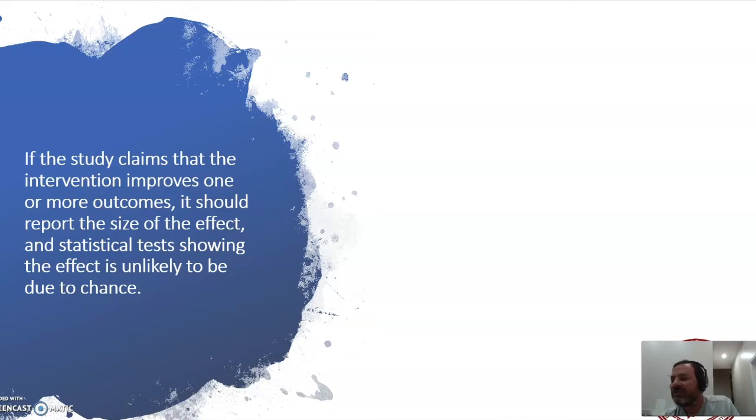It should also report the results of tests showing the difference is statistically significant at conventional levels, generally at the 0.05 level. Such a finding means that there is only a 1 in 20 probability that the difference could have occurred by chance if the intervention's true effect is 0.